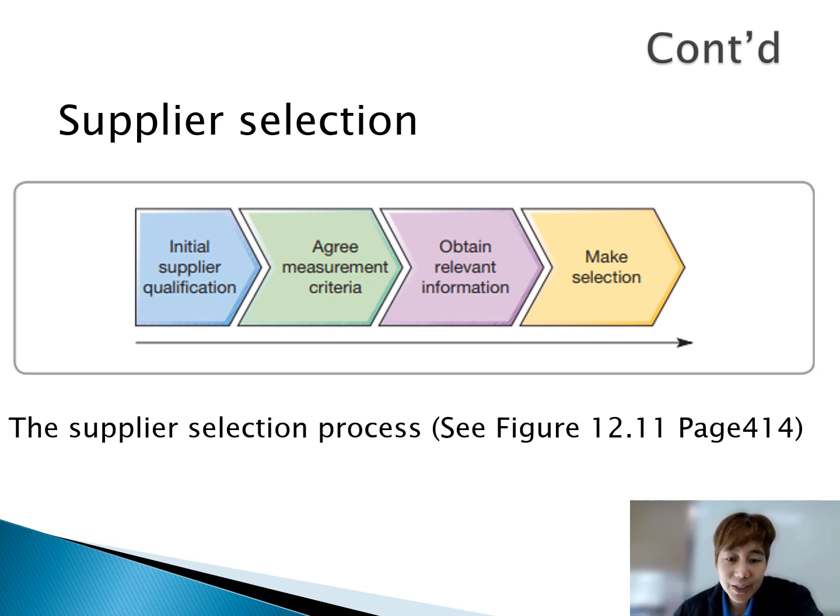Okay, and after that, besides the criteria you set by yourself, you have to get relevant information from outside. For example, this company has an ISO to guarantee the standard performance of its operation.